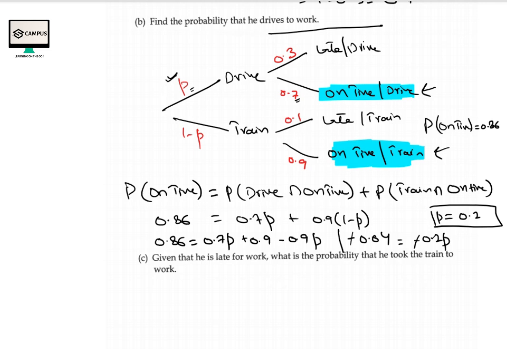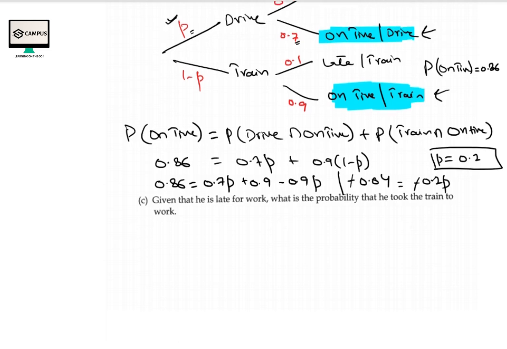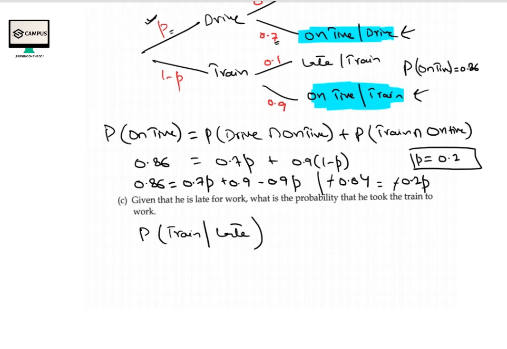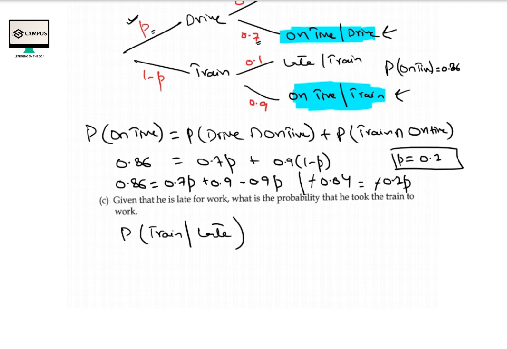Moving on to the last part of the question. Given that he is late for work, what is the probability that he took the train to work? All right, so we have to find the probability of Chen taking the train to work, given that he is late for work. Let me scroll a little bit above so that we can see the tree diagram.